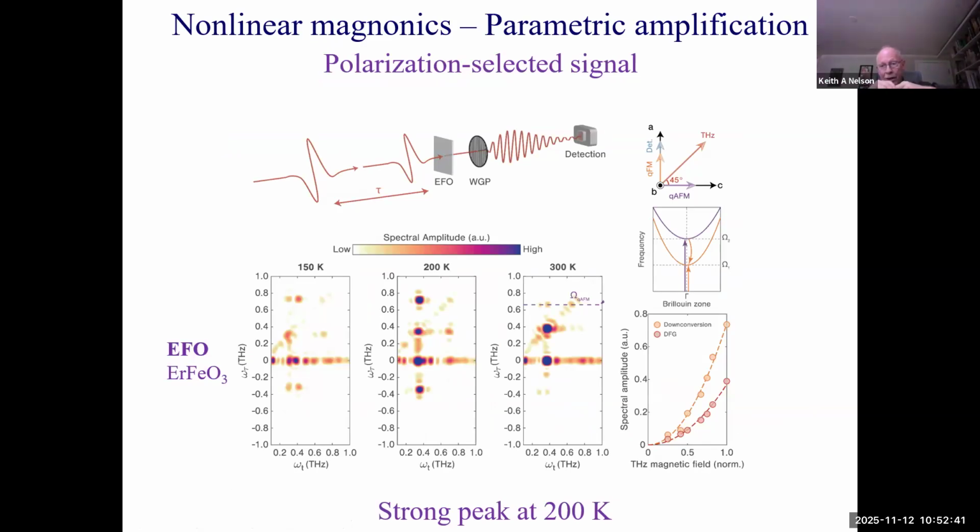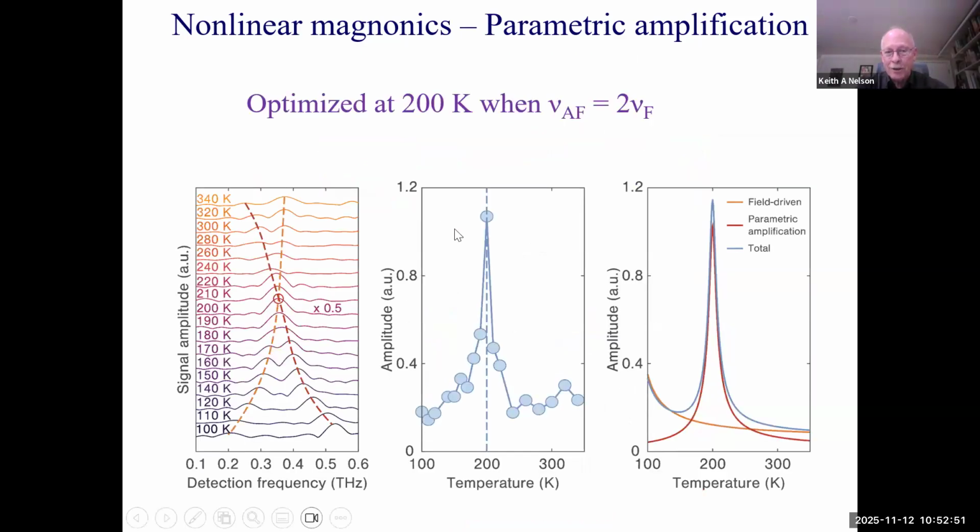It's real parametric amplification based on nonlinear coupling between the magnon modes. And it's quite striking, and it has a strong peak also at 200 Kelvin because it too is optimized when the frequencies are in the 2-to-1 ratio, because then when I drive that second lower frequency mode, I'm also resonant with the final emitted signal.